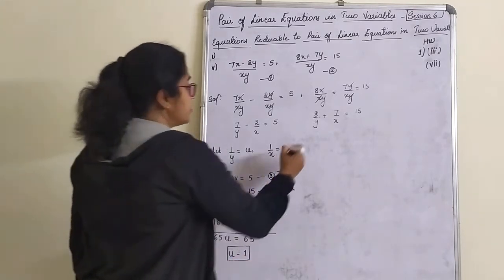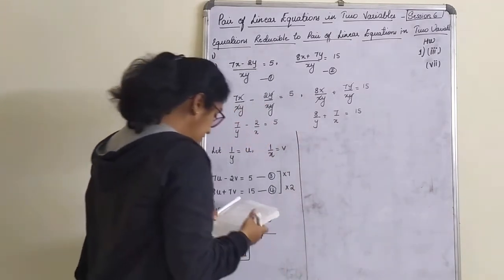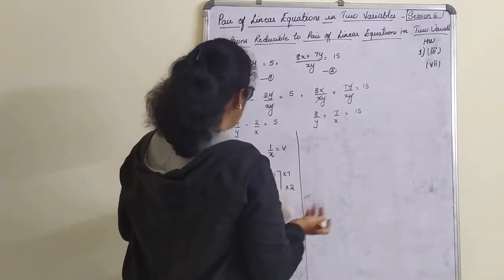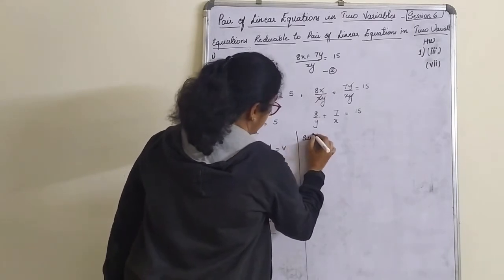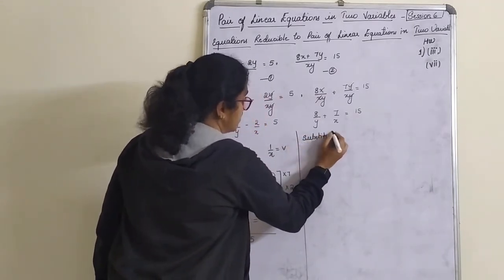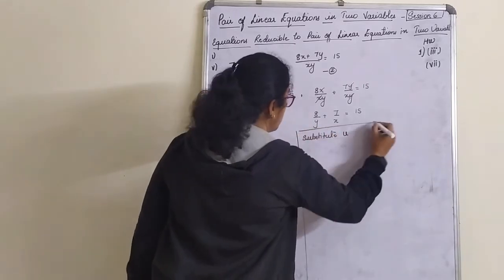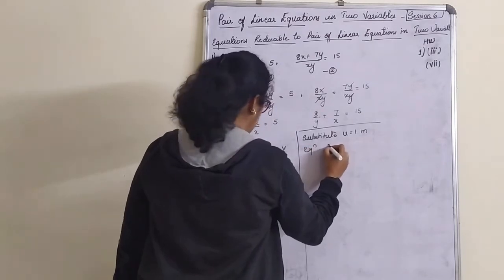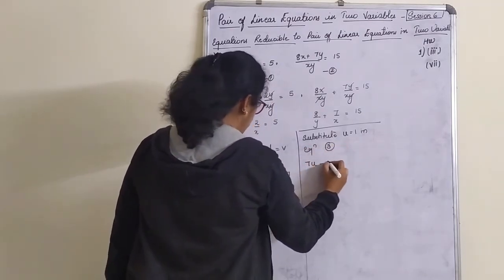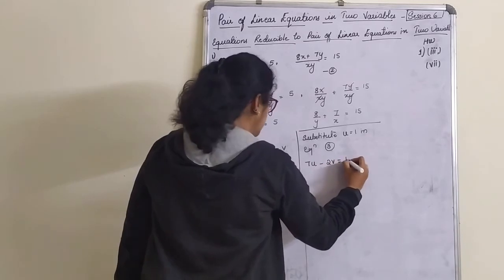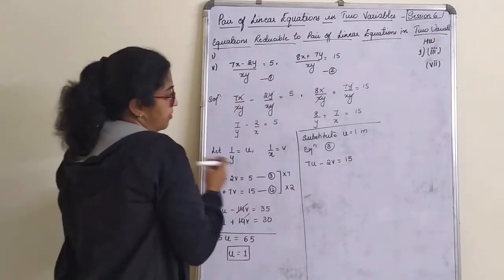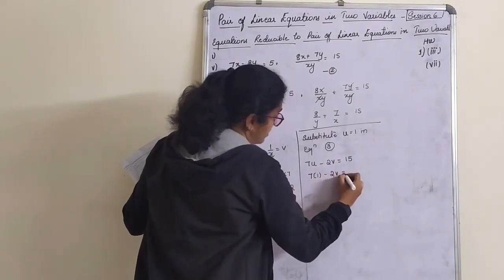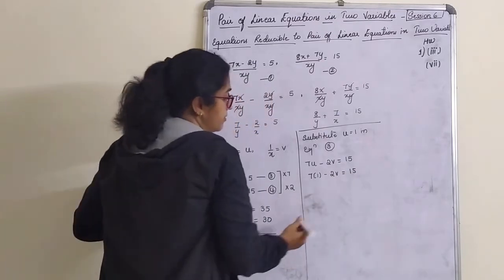Since u is 1, what we can do here is substitute u is equal to 1 in equation 3. 7u minus 2v is equal to 5. We have taken 15 earlier, but the third equation is 5, so I have taken this equation value here. So 7 into 1 minus 2v is equal to 5.